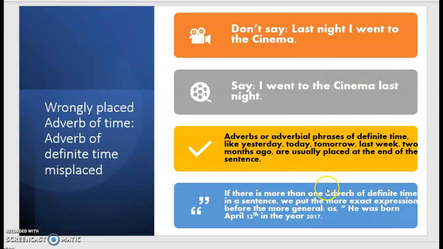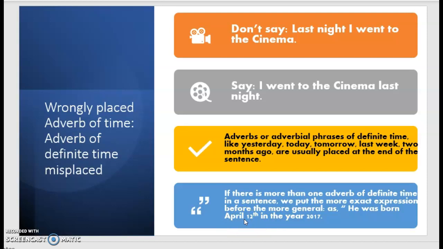If there is more than one adverb of definite time in a sentence, we put the more exact expression before the more general. For example, he was born April 12th in the year 2017. You see, you cannot have "in the year 2017" before "April 12th." April 12th is more exact.